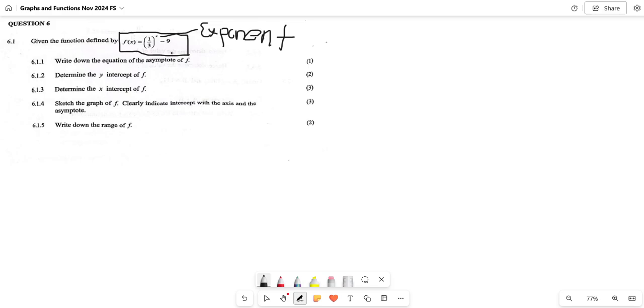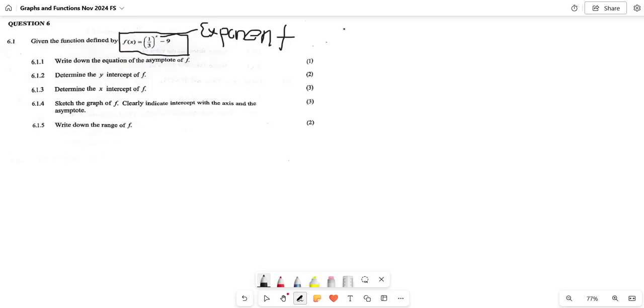Before we get to the questions, let us define the standard equation of the exponential function, particularly for those learners who are doing technical mathematics.